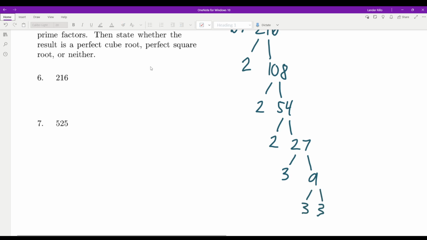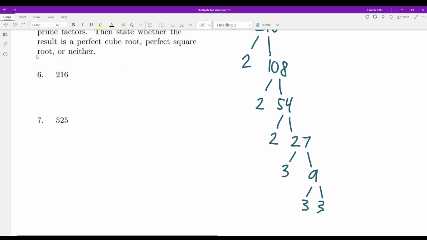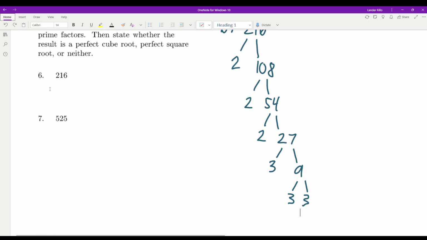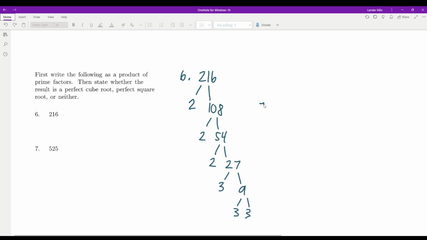Now, if we're looking for a perfect cube root or perfect square root, then we know that they're either going to be expressed as this, a cube root, or this, a square root. You don't have to write the 2 there for a square root.